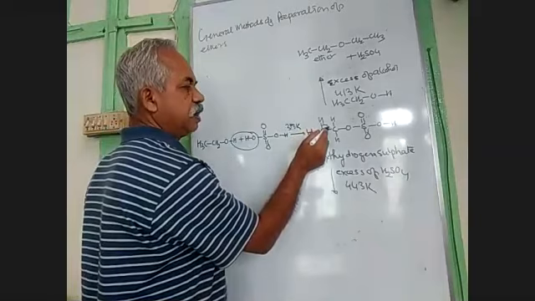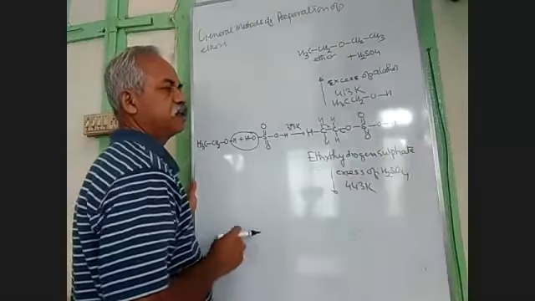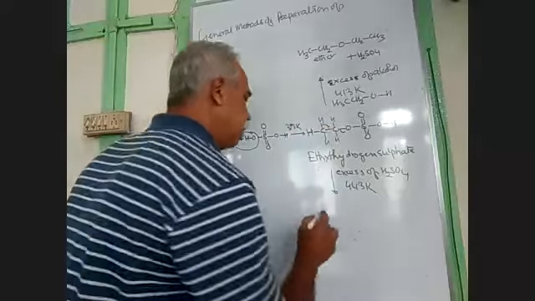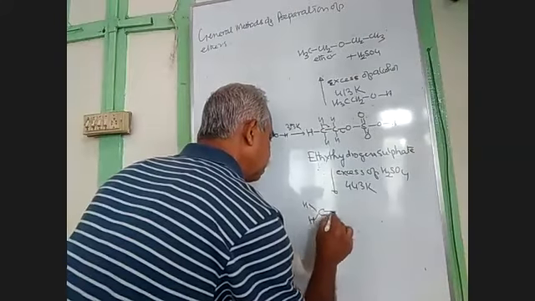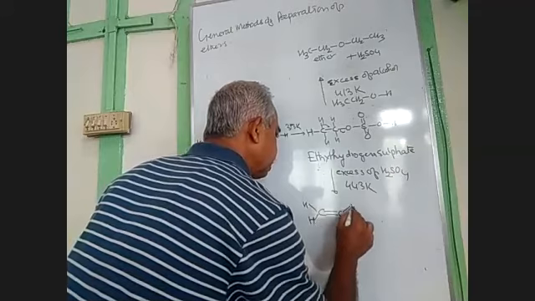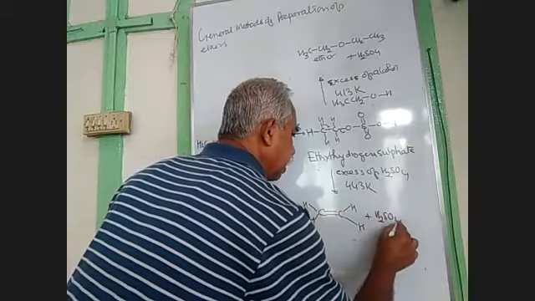It occurs like this. From there, a molecule of sulfuric acid goes out, and you get ethene. See, this is the beauty of the reaction.